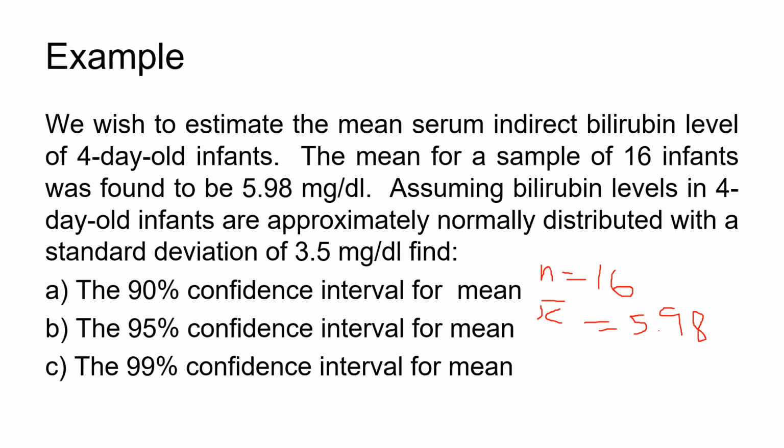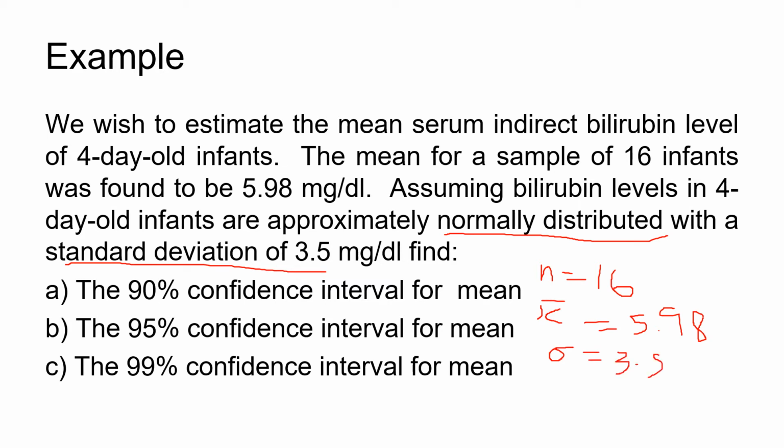Assuming bilirubin levels in 4-day-old infants are approximately normally distributed. So this is a keyword to let you know that this is related to normal distribution. The level of bilirubin is normally distributed, with a standard deviation of 3.5.